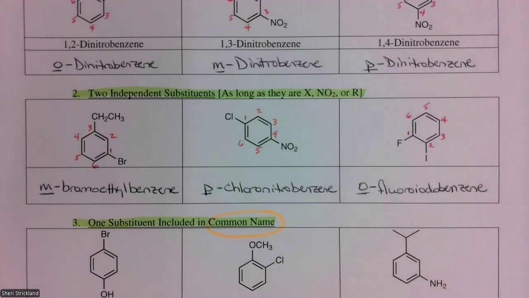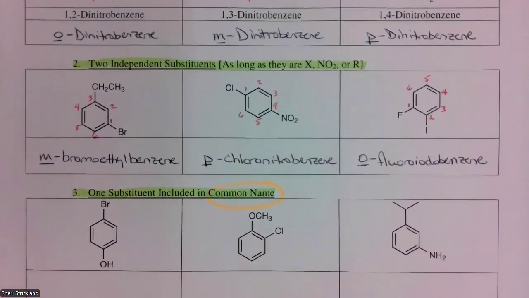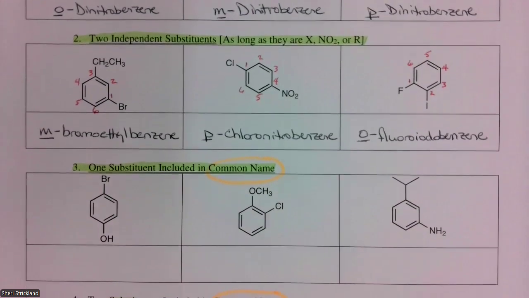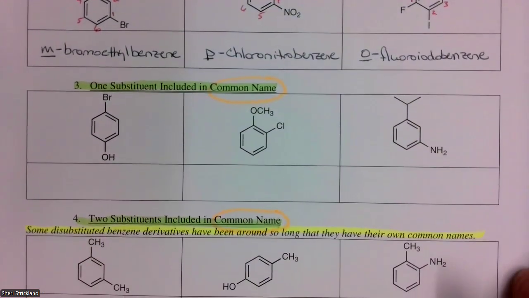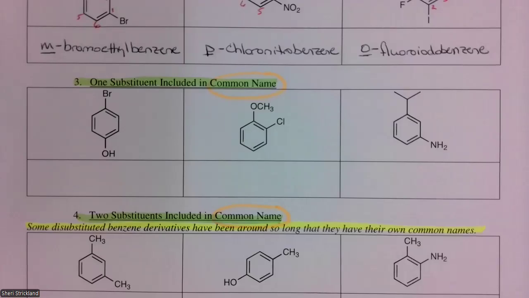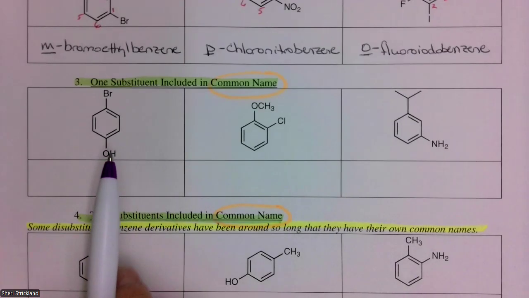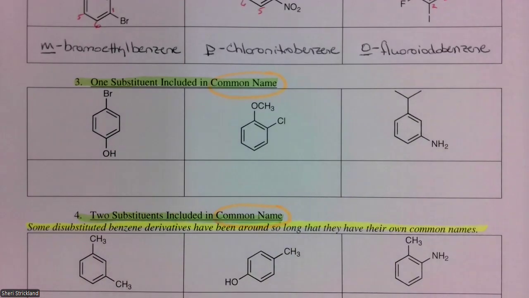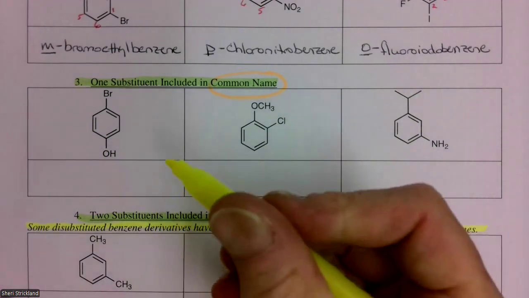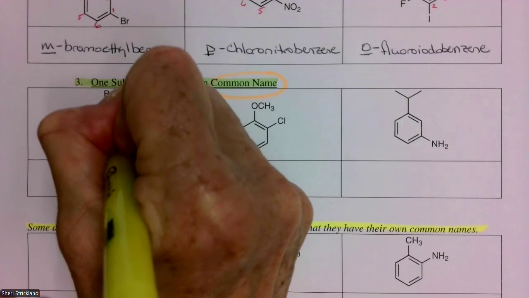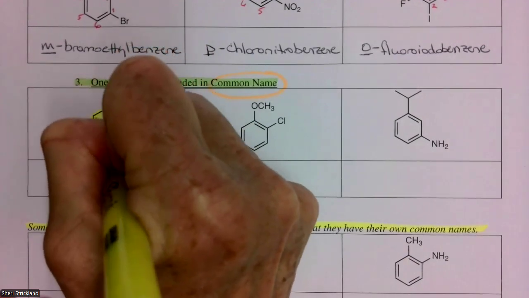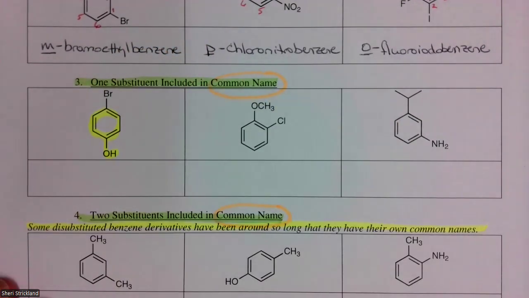Now there are some benzene derivatives that, as you know, have been around so long that they have their own common name. And so, for example, here in this first one, this is phenol.